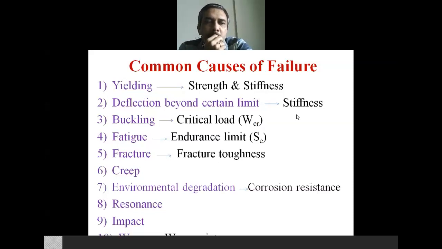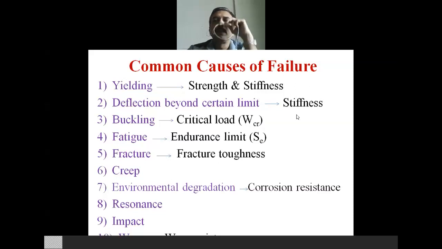Okay, so to take care of the component against buckling failure, you have to find out the critical load or crippling load. WCR is the critical load or crippling load. It is found out by which equations? If you recall, in strength of materials this has been covered. Euler's equation.